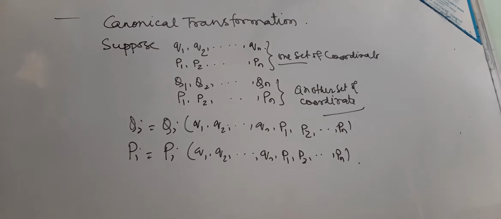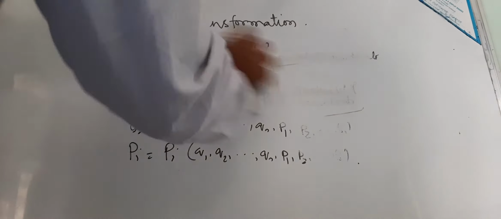This transformation is said to be canonical, or contact, if the Hamiltonian form of the equations of motion remains intact. That means pi dot equal to minus del H bar by del qi, and qi dot equal to del H bar by del pi.